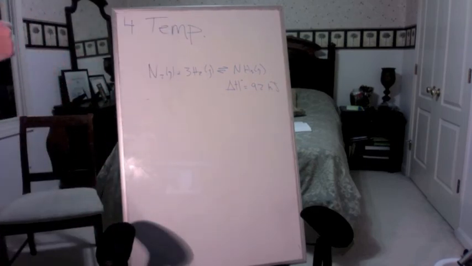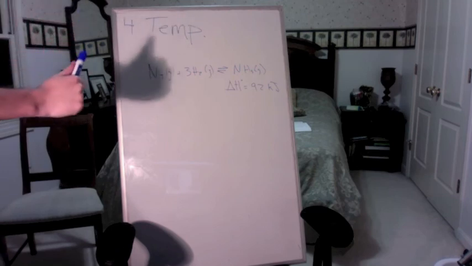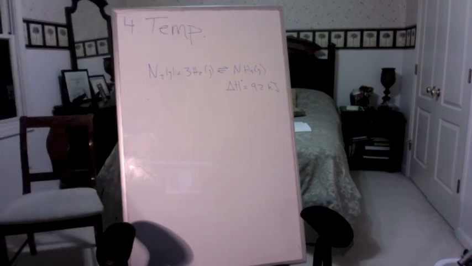Okay, so when temperature is increased, the reaction proceeds in an endothermic direction. When temperature is decreased, the reaction proceeds in an exothermic direction. Let's discuss the first thing I said.